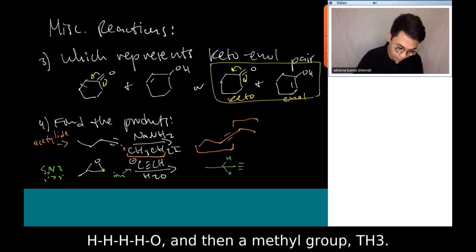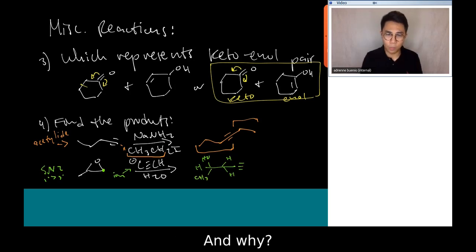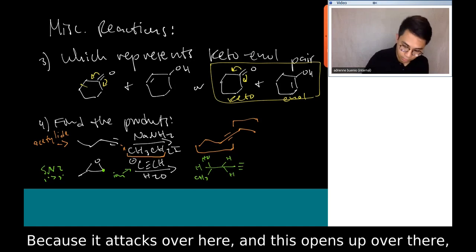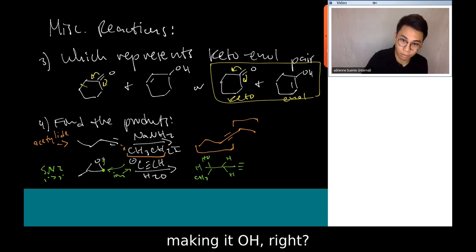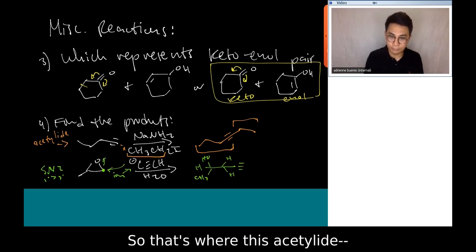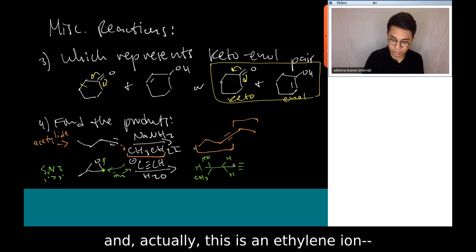H, H, HO, and then a methyl group, CH3. And why? Because it attacks over here, and this opens up over there, making it the OH, right? So that's where this acetylide, and actually this is an ethylene ion, right?